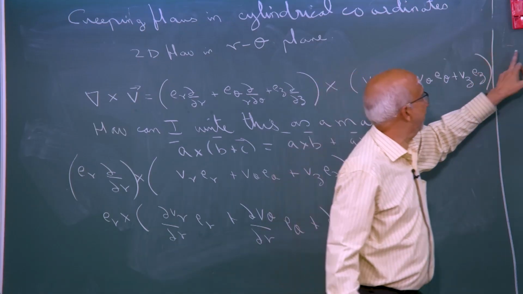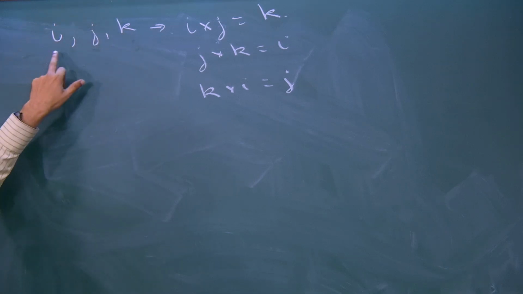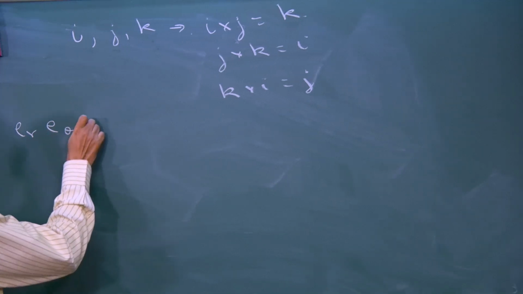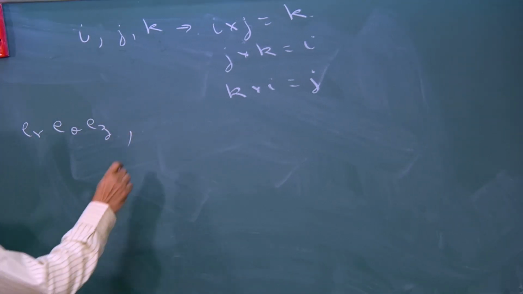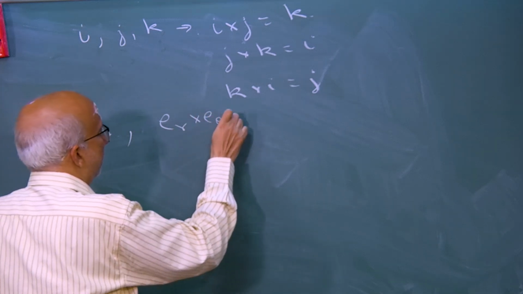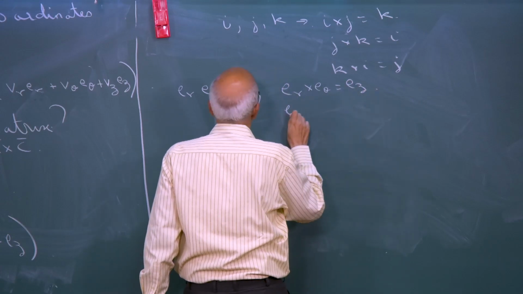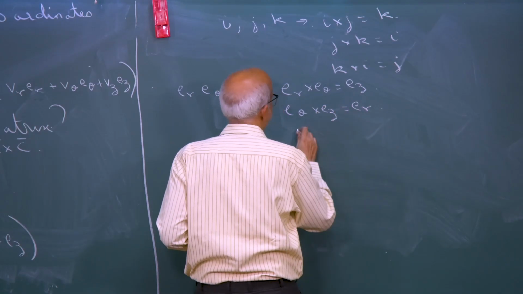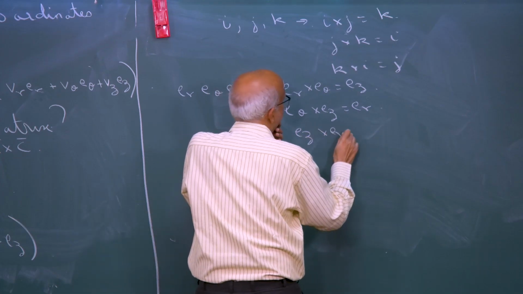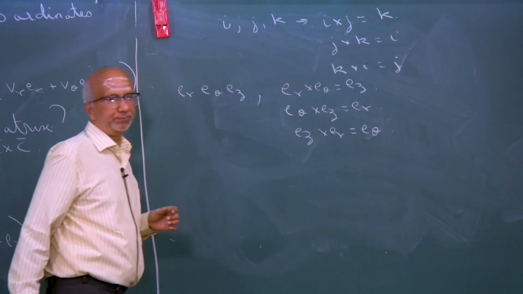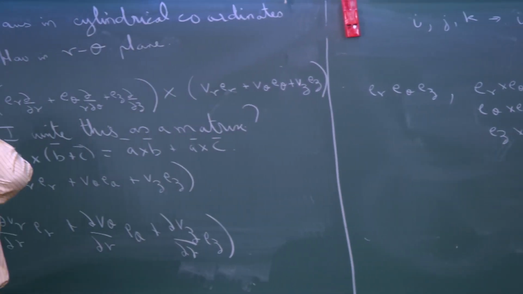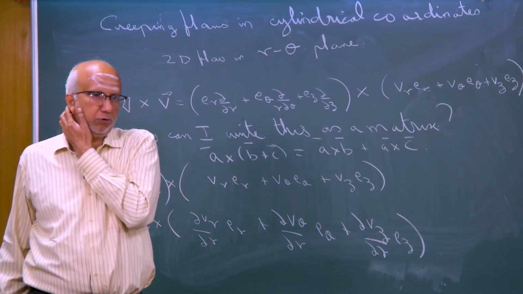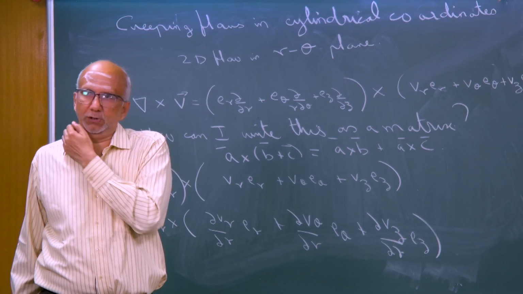Similarly, when you have ER, E theta, Ez: ER crossed with E theta gives you Ez, E theta crossed with Ez gives you ER, Ez crossed with ER gives you E theta. That's how the cross products work, because the unit vectors are all orthogonal to each other.